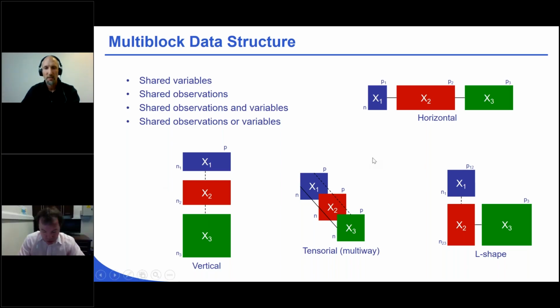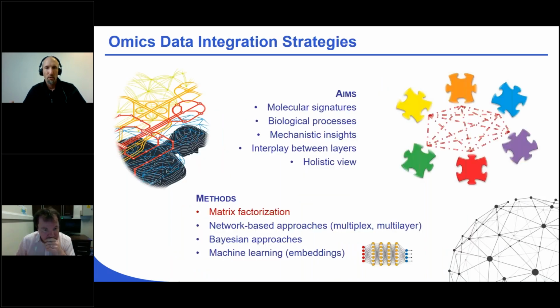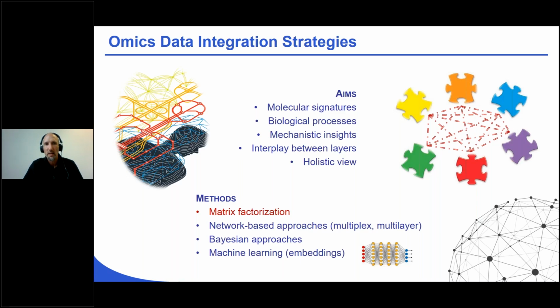There are also methods that are able to handle this kind of relationship. So all that to say that the first thing to consider is to look at the structure of the data to assess which one of the modes we can use to link our data matrices. But whatever the structure, the aim of the data integration strategy in omics is of course, as you would do with single block analysis, to end up with molecular signatures.